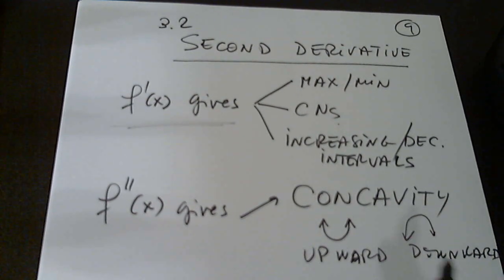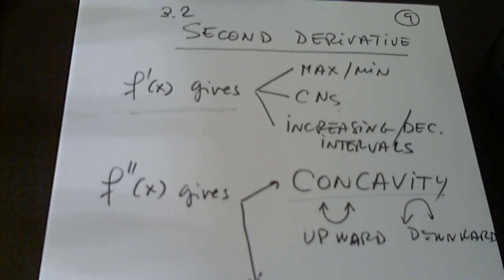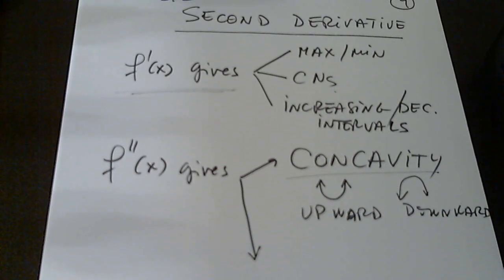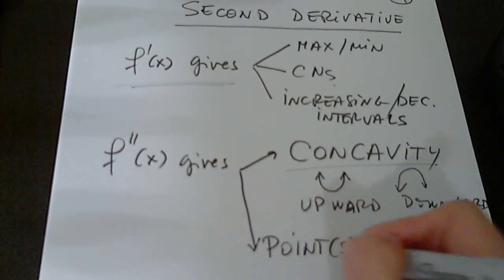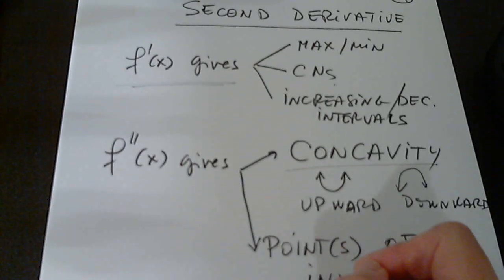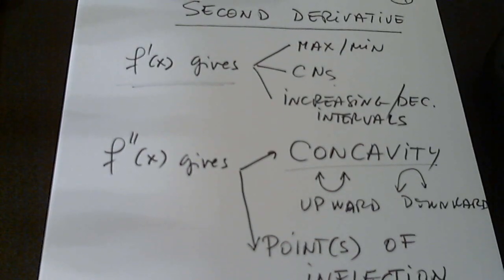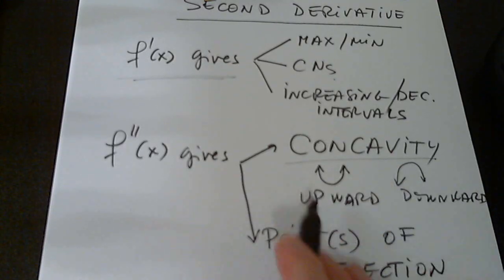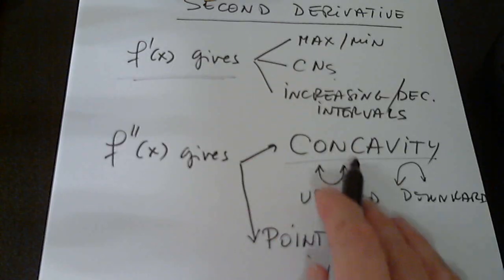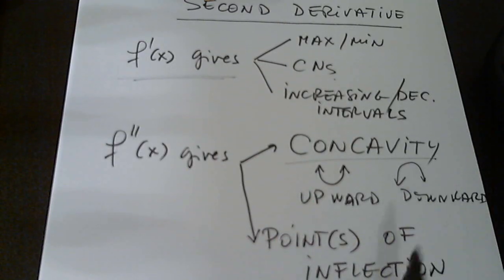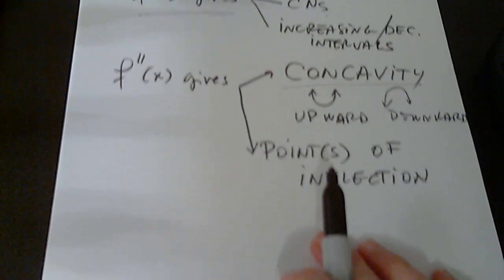Upward, downward. Concavity. The second very important element is point or points of inflection. Concavity, holding water or not, upward, downward, and points of inflection. What is a point of inflection?